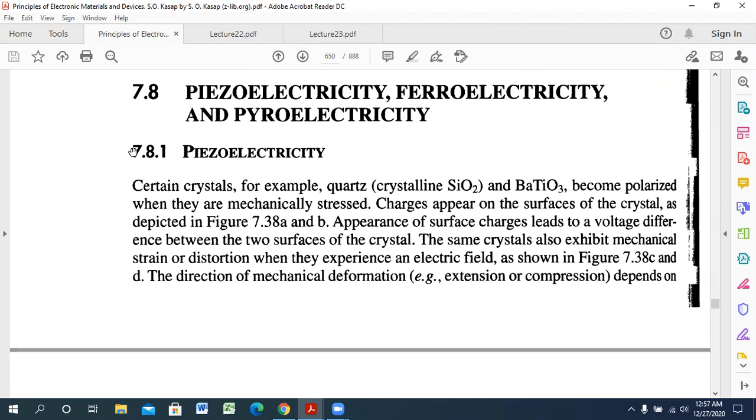Pyroelectricity is if you have two materials. After a few minutes, I will tell you what type of materials will be there, and we know there are some free electrons, and these are not free electrons, that one is the surface electrons.